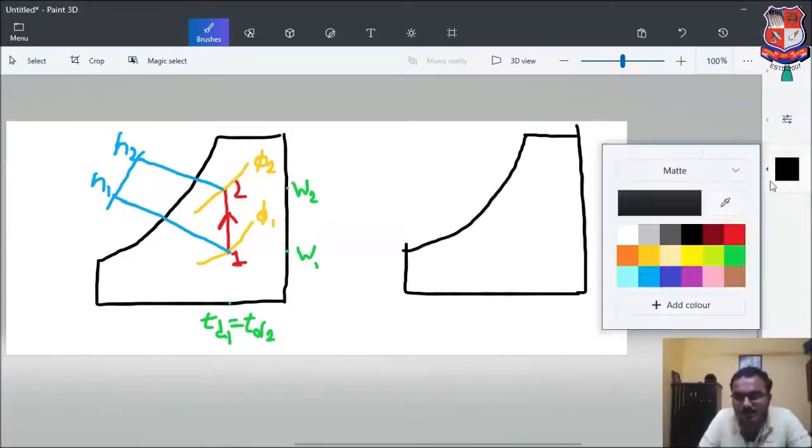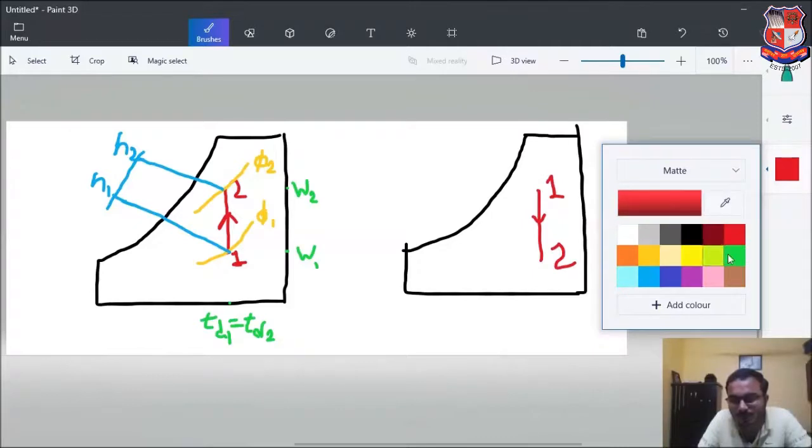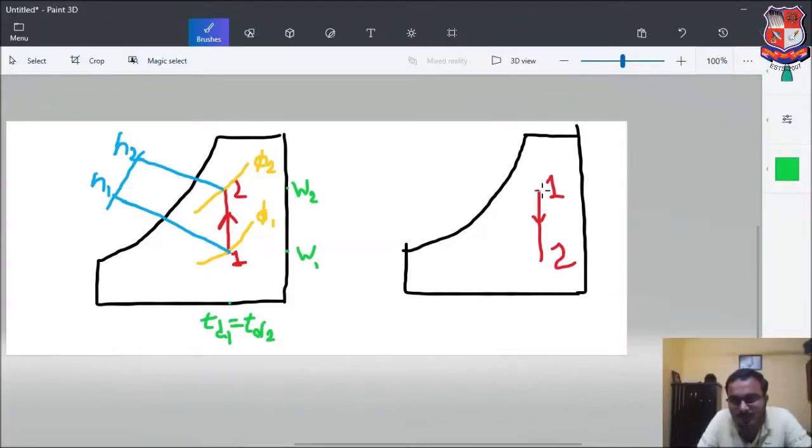So here let us say that our beginning point is point number 1 and the final point is point number 2. So this is the way the dehumidification is working, that initially the water vapor was at W1 and the specific humidity has reduced to W2.